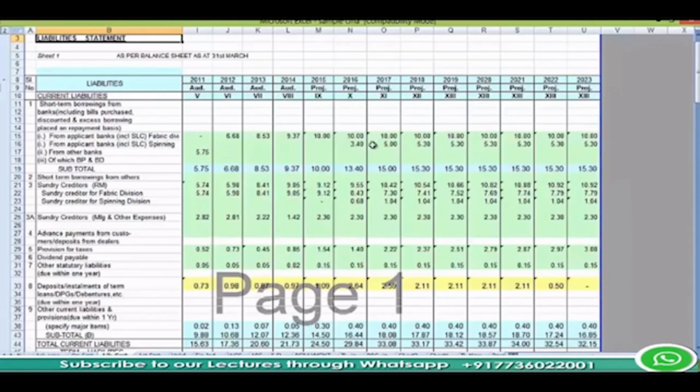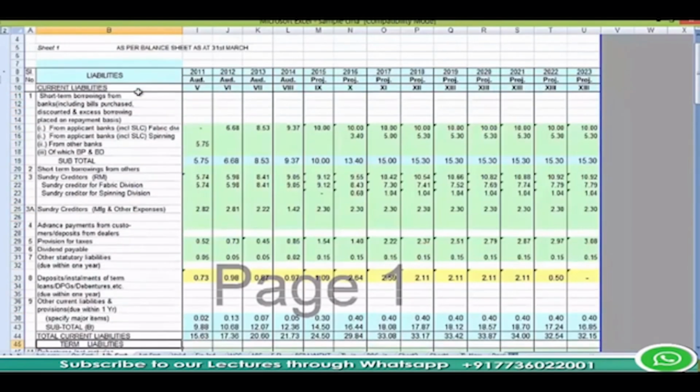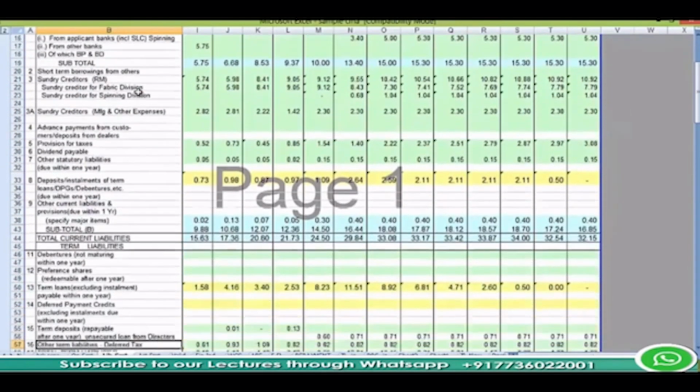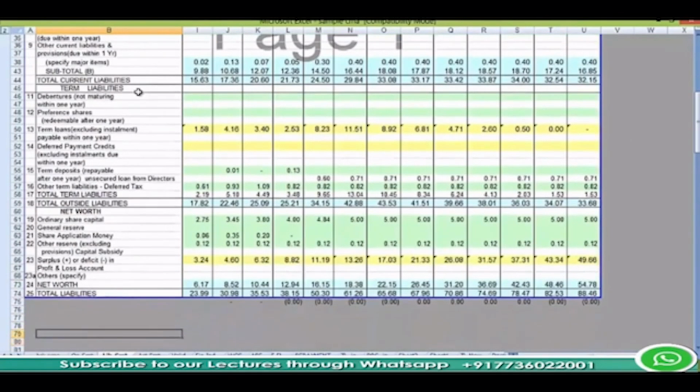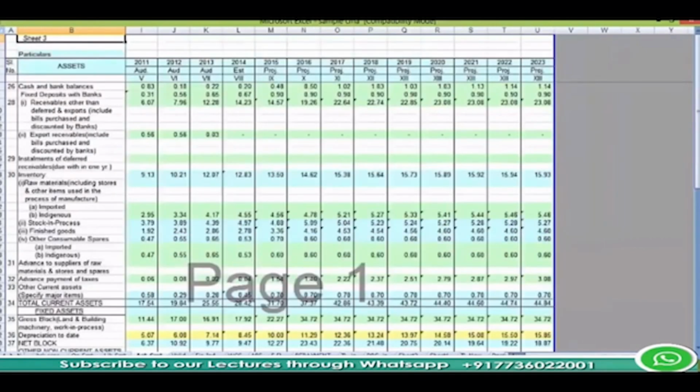So the liability statement will classify the liabilities into current liabilities, then all current liabilities will be listed, then term liabilities, that is those liabilities which are payable after 1 year, then it will break the other portion into net worth. This is nothing but the owner's contribution, which are in the form of capital, in the form of reserves, etc.